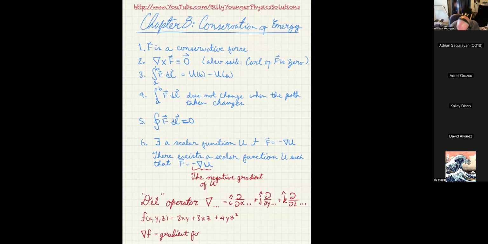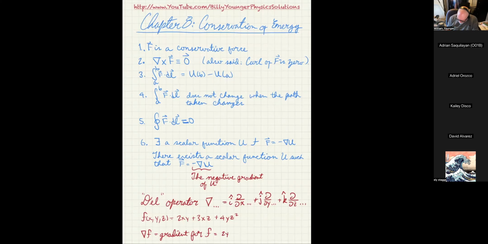Or I could say the gradient of f. And it would specifically equal, I'm going to take the derivative of 2xy plus 3xz plus 4yz squared with respect to x. And for that first term, 2xy, I'm pretending like the y is a constant. So the derivative of 2xy is just 2y.